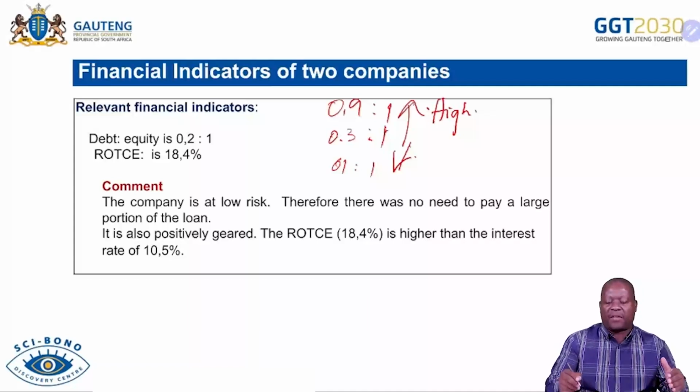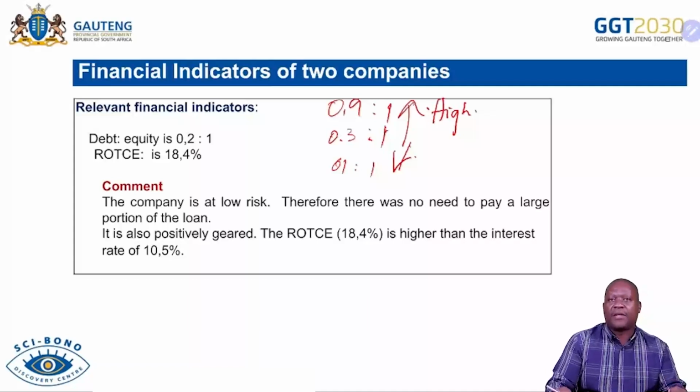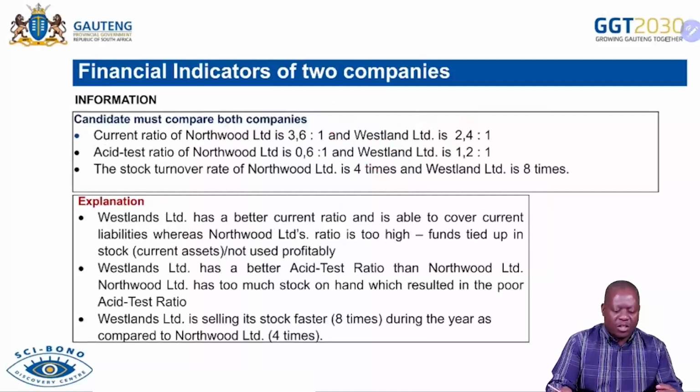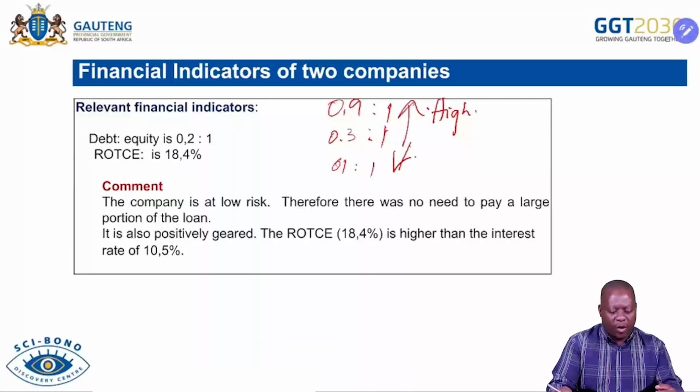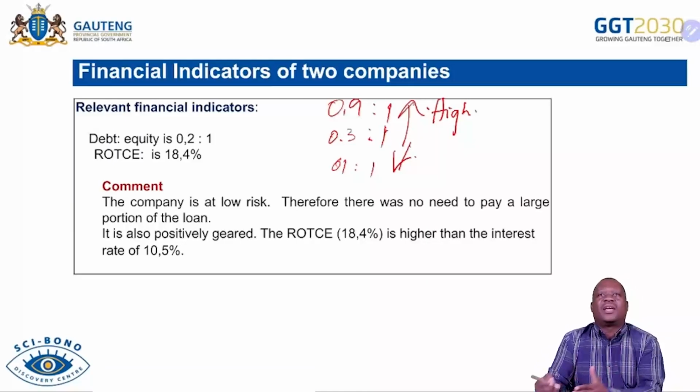Let's repay the loans. Now, when you comment on risk, please also remember to bring in the return on total capital employed. Now, the return on total capital employed, you are going to see that it is looking into the return that the business is having after employing capital.